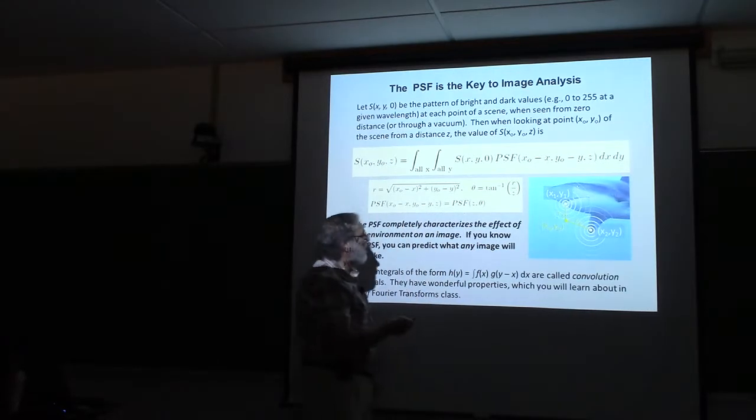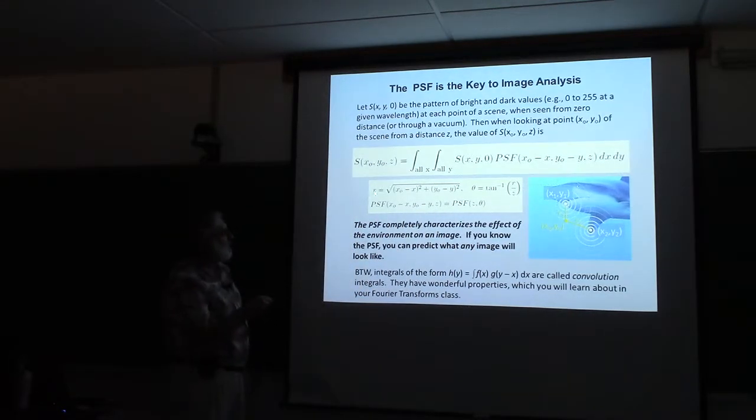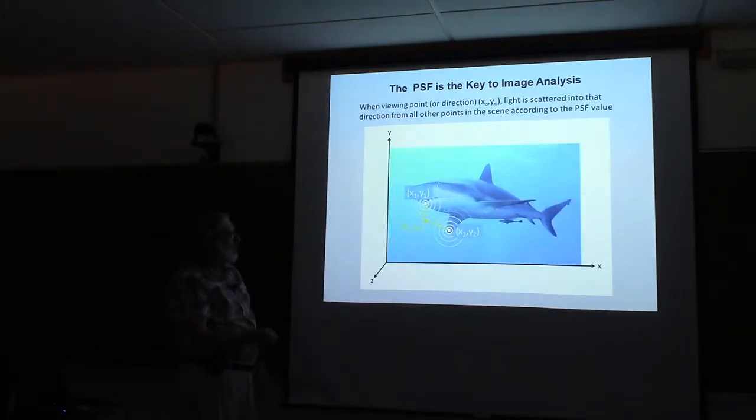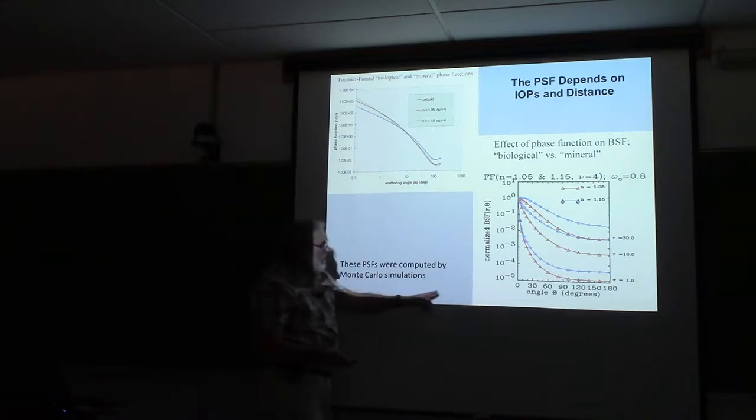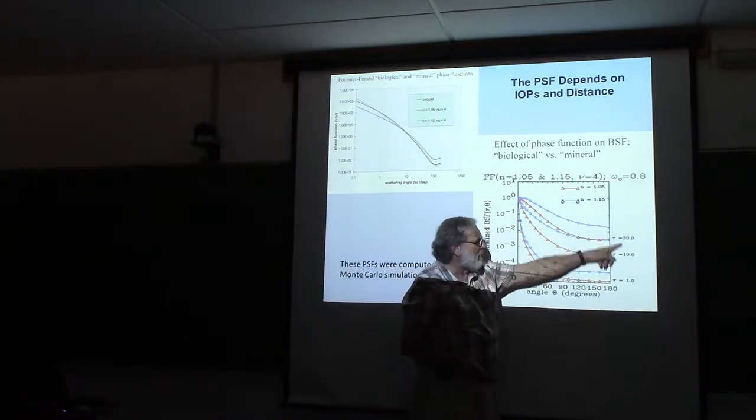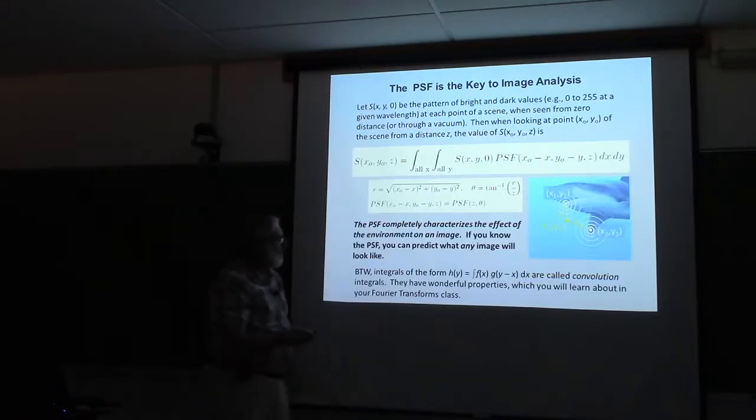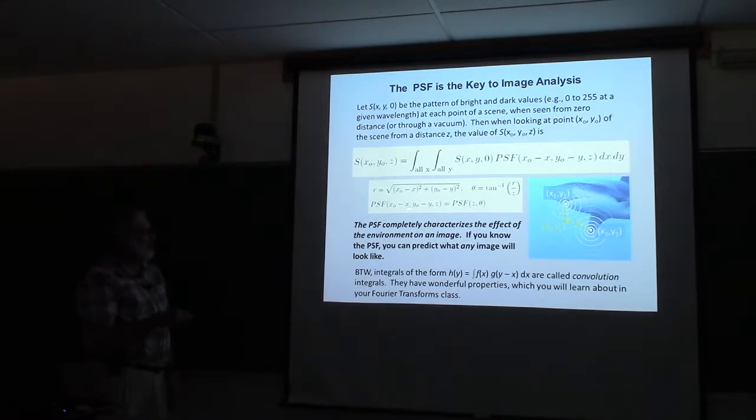And of course if you want to write the distance r here, that's just in Cartesian coordinates and there's some angle theta. So when you go back to here, I've written it as theta and r, but I'm just converting x, y coordinates to theta and r, so I can go look up the point spread function that I've computed.